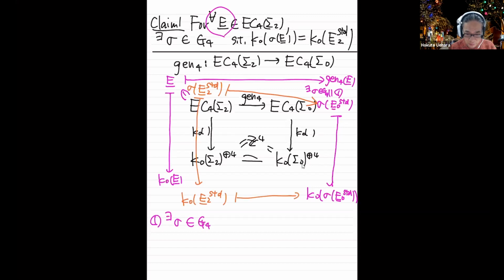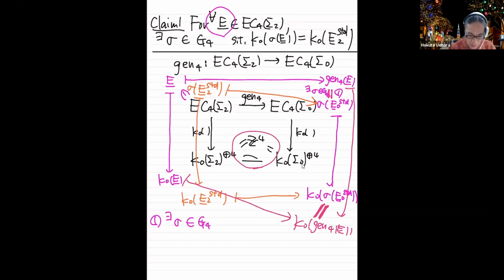But Gen 4 E also goes to K0 Gen 4 E bar, and this goes to this. So by this equality, we can prove the equality on the Grothendieck group level as well. But this is an isomorphism, so we can see the desired equality here. This is claim 1.